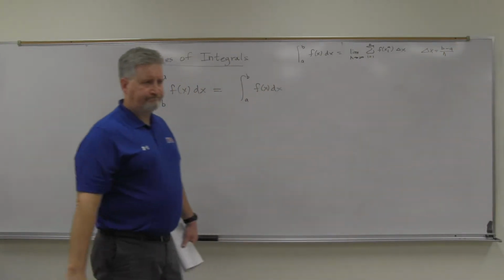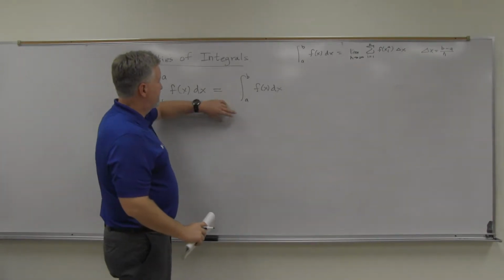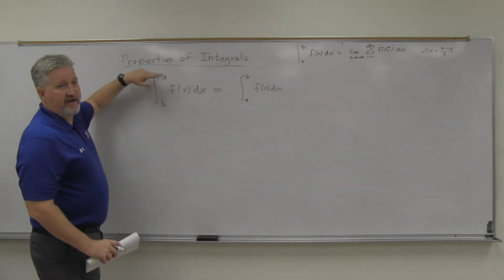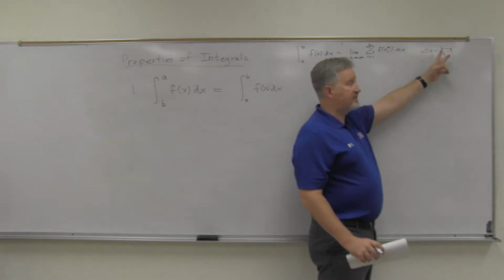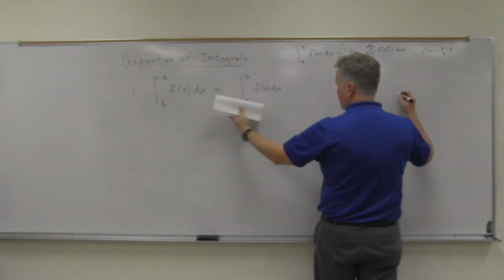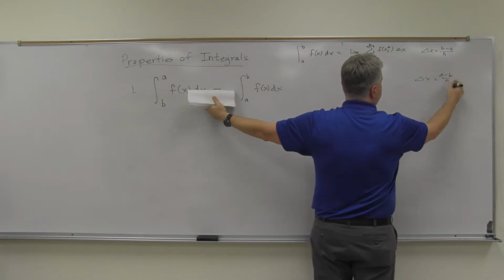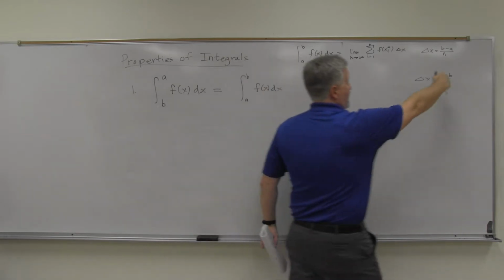Well, that's if you go A to B. Here I'm going B to A. So doesn't that change those around for delta x? Now delta x for that would be a minus b over n.